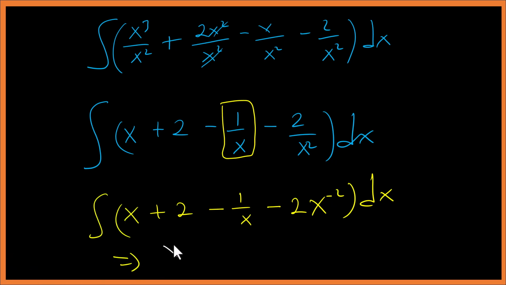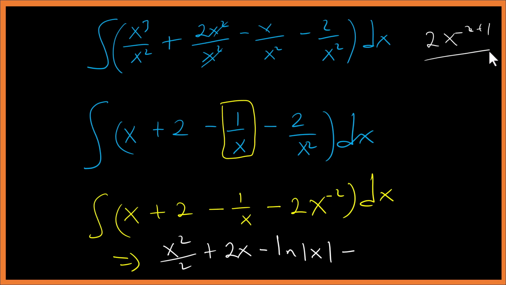Okay, so the integral of x will be x squared over 2, the constant gives 2x, and this will be minus the natural log of the absolute value of x. Then for the last term, minus 2 times x to the power minus 1 over minus 1, so this will be plus 2 over x, plus c.